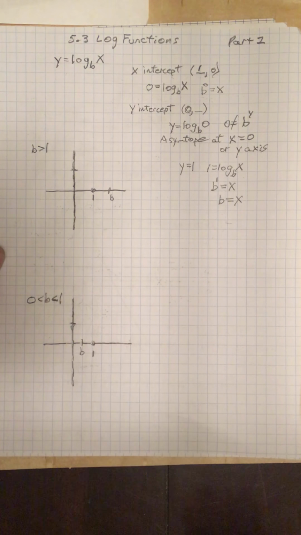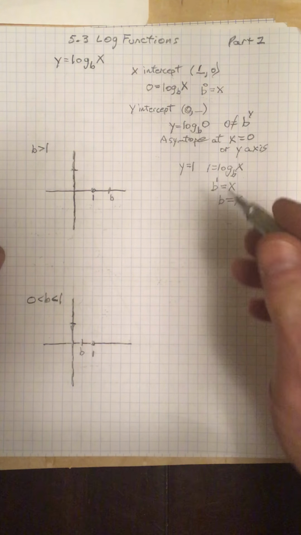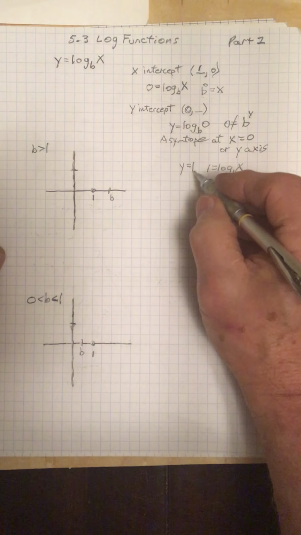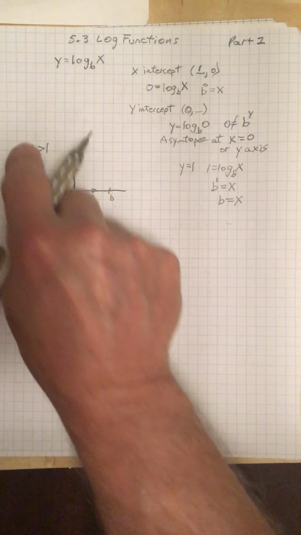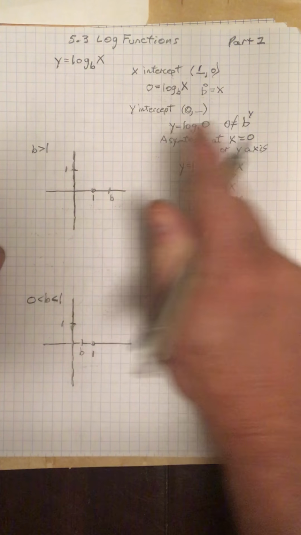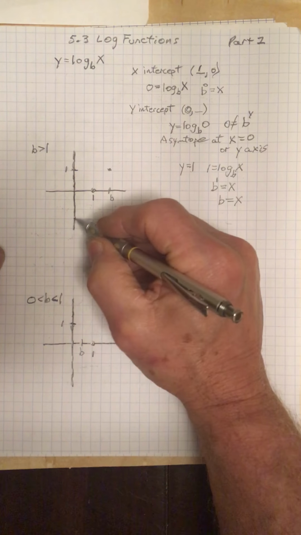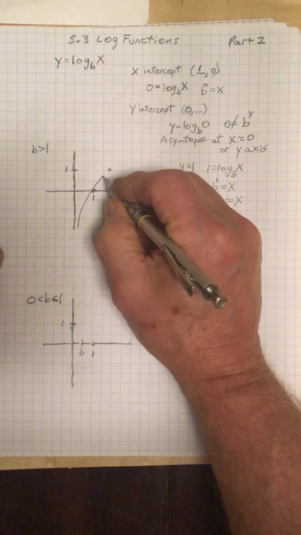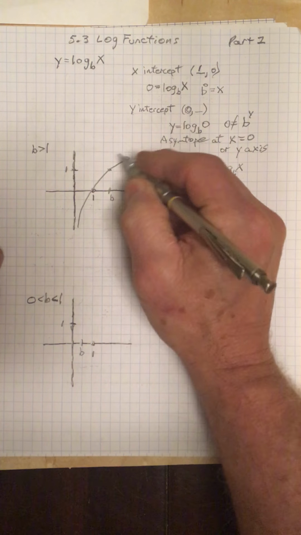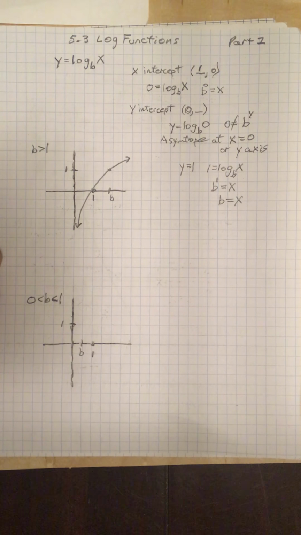What that's going to do is force the curve to go in a different direction. So when y was 1, in this case the base is beyond 1, so that would be a point up here somewhere. Since this is an asymptote, we have to go like this. So that's what the graph looks like.